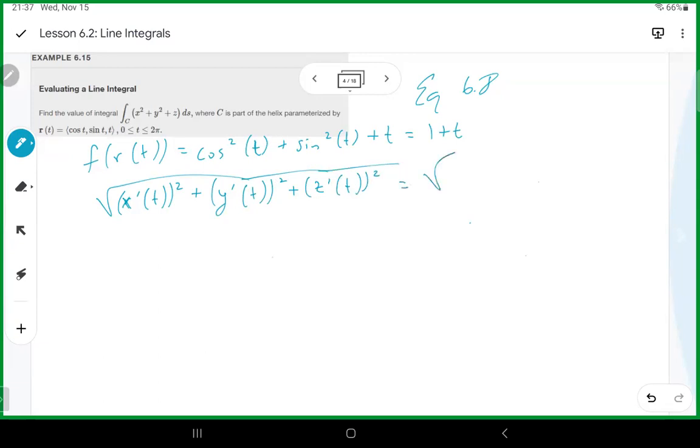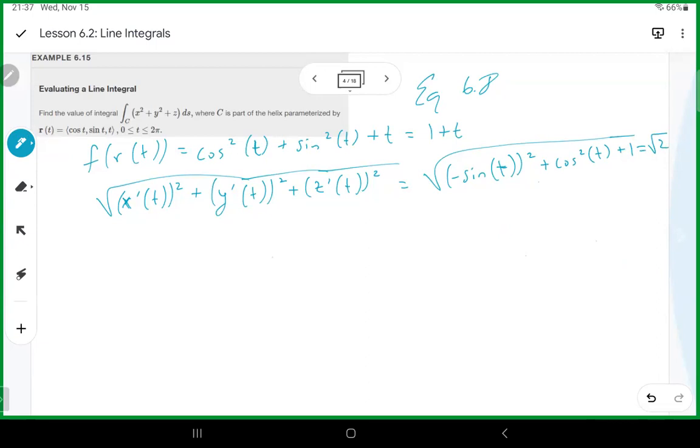It's going to be the square root of negative sine squared plus cosine squared plus 1, and that will get you to the square root of 2.